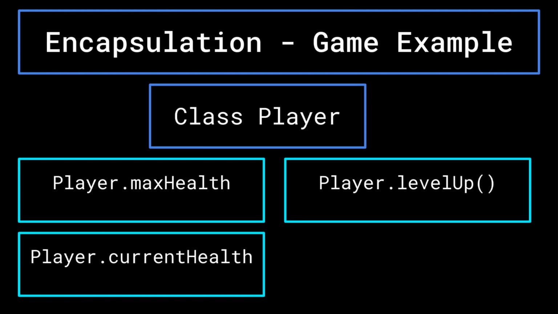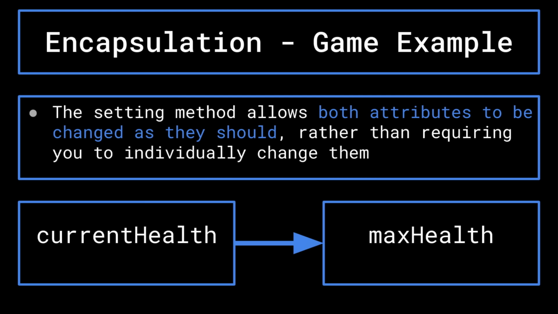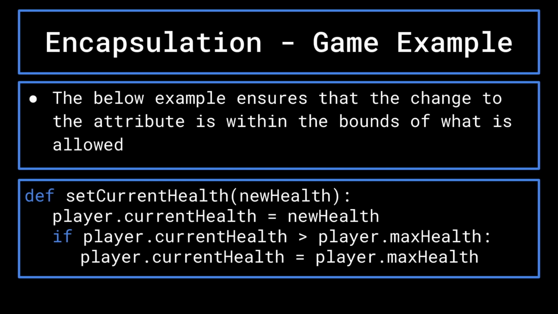Instead of changing both of these values directly, I can define the setMaxHealth method such that the current health is also set to the maximum health once the maximum health has increased. Furthermore, these setting methods allow values to be validated. For instance, if current health is not able to exceed maximum health, then I would have the setCurrentHealth method check if current health would be greater than maximum health before making the change.